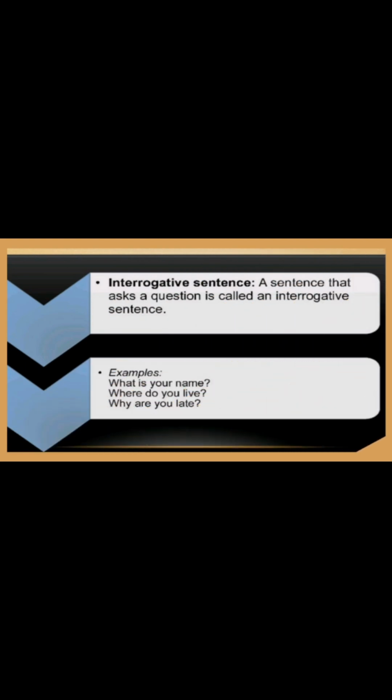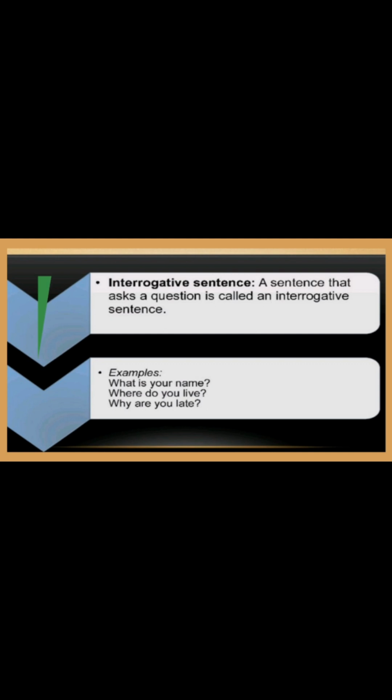Another kind of sentence is the interrogative sentence. A sentence that asks a question is called an interrogative sentence.